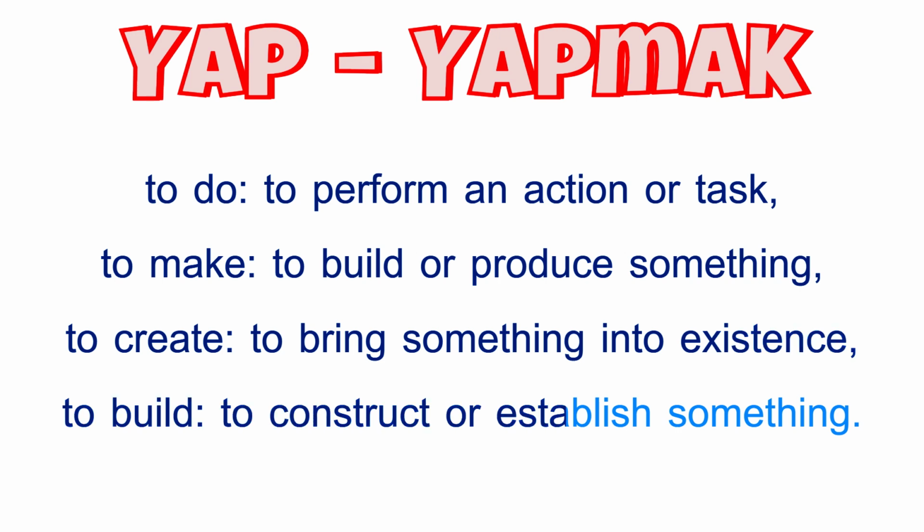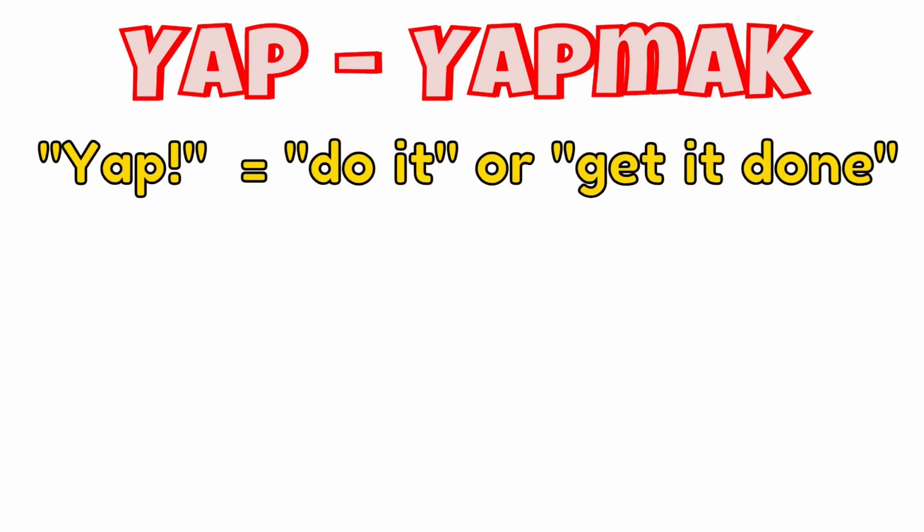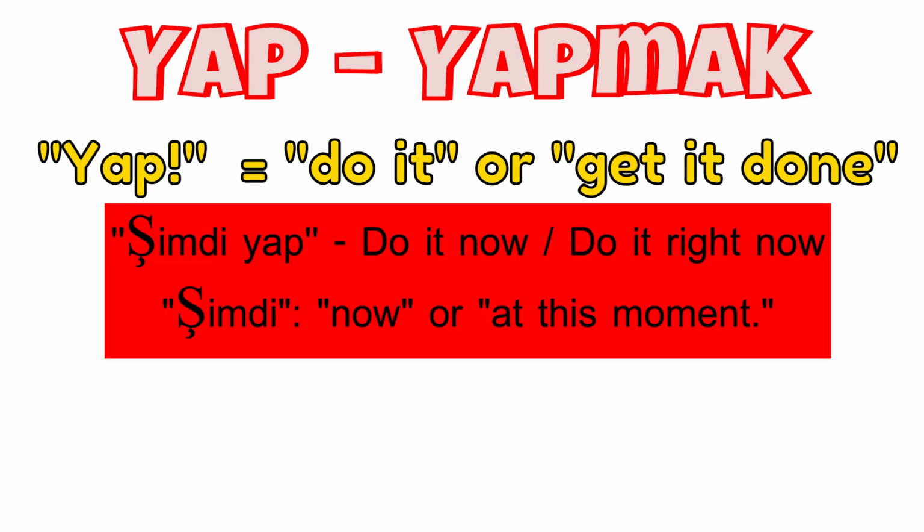Depending on how you use it, it can have even more meanings. Now, let's see some examples and how you can form simple sentences with it. When you say, yap, you're directly telling someone to do it or get it done. Since there are no additional words, this is a very simple and straightforward way to tell someone to take action. If you want to say, do it right now, you would say, Şimdi yap.